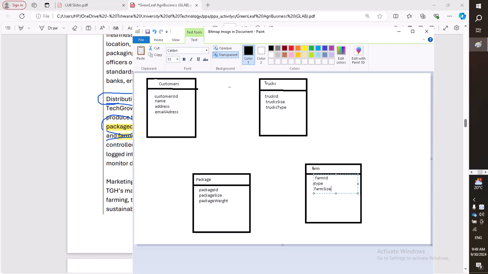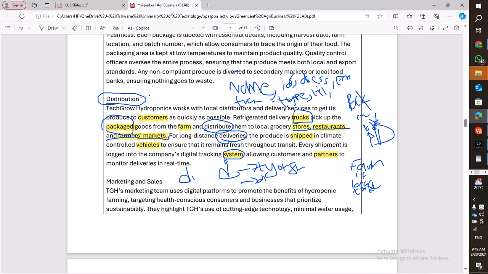Okay, after I'm done with my farm, I'm also looking for the distribution. I have a class that distributes, where they will distribute the package. Where do they distribute the package?